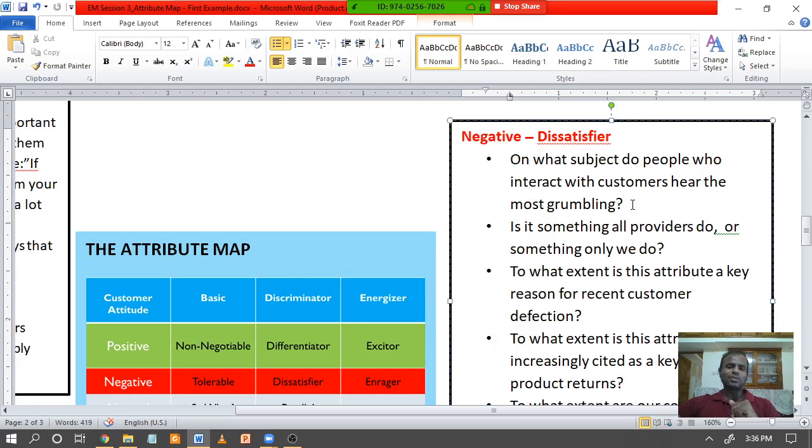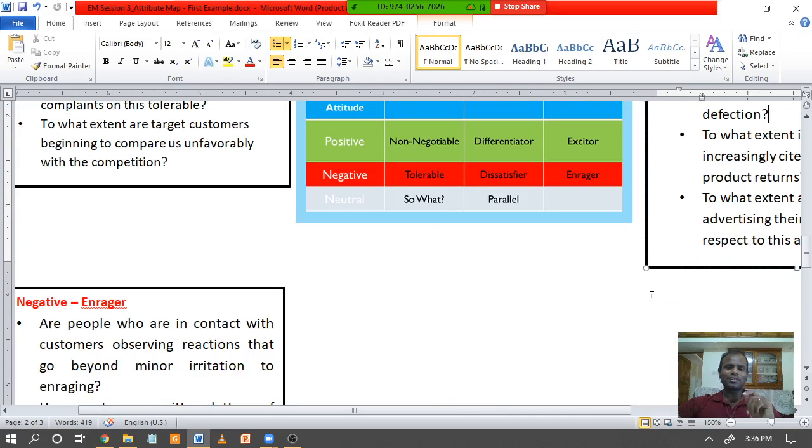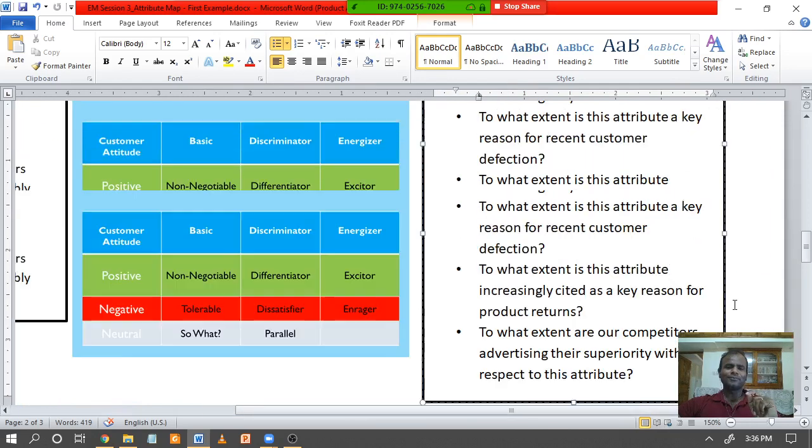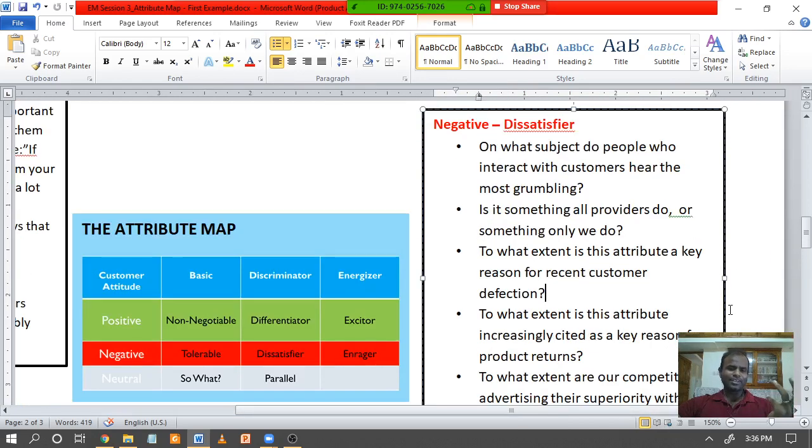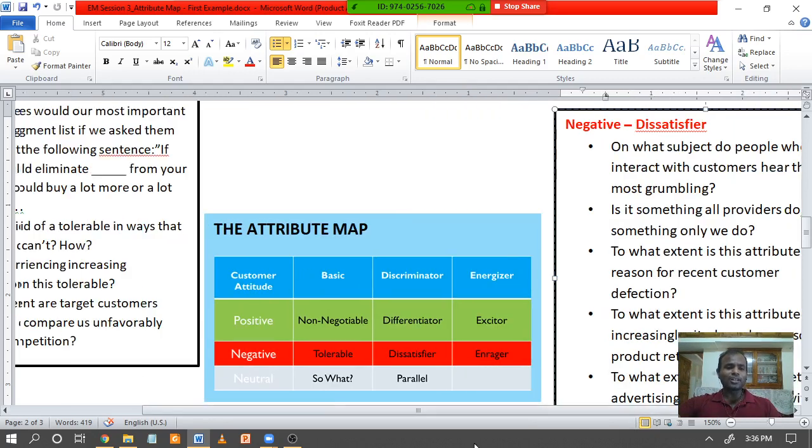Core company placement, is that a dissatisfier for many of them in the engineering stream? Yes, definitely, right? But when you look at other institutions in line with Karunya, even there is a lack of this. Okay. Now, if that is the case, then it will become the negative tolerable part.